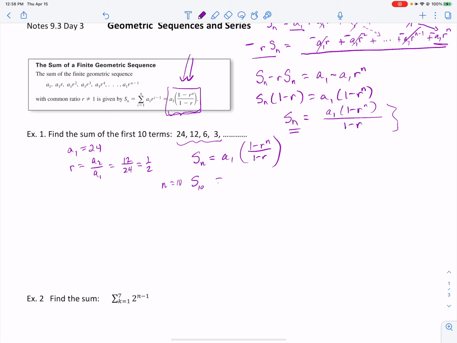So I have my 24, and then I have 1 minus 1/2 to the 10th, and I'm going to put this all over 1 minus 1/2. So the 1 minus 1/2 is 1/2. And 24 divided by 1/2, you end up multiplying by 2, is 48.